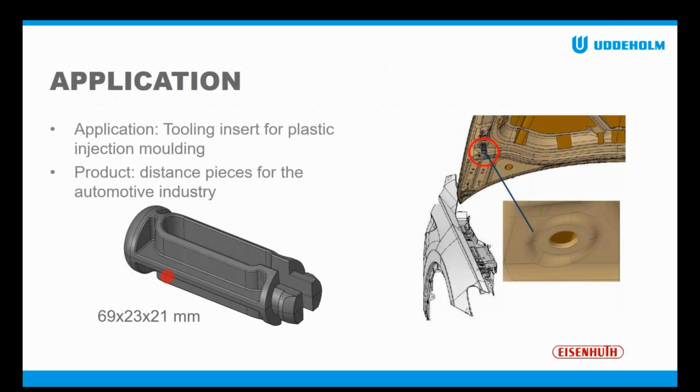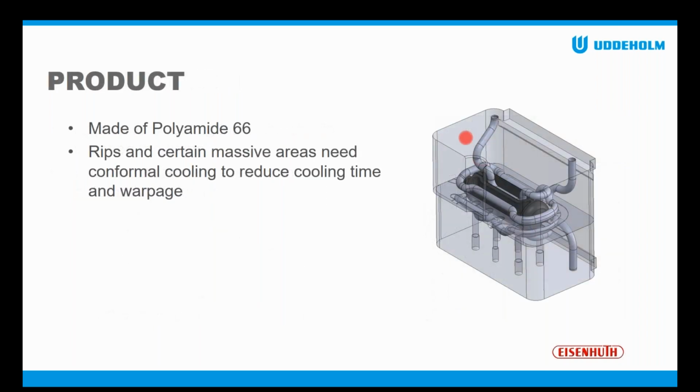So these tools are producing a plastic part for the automotive industry, and it's right here under the car hood, and it's a distance piece so that the car hood is in the right distance to the car. The product is made out of polyamide 66, and the main problem with this product is that it has some really thick areas and some quite narrow areas, and that means that the cycle time is really long in order to reduce the warpage of the part.